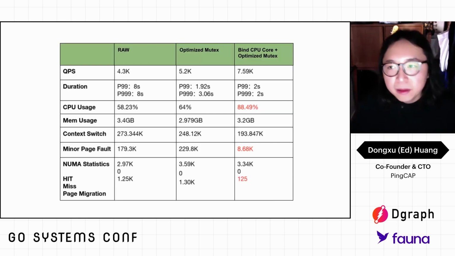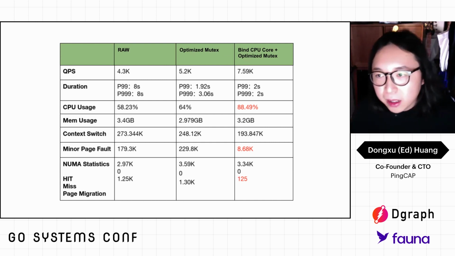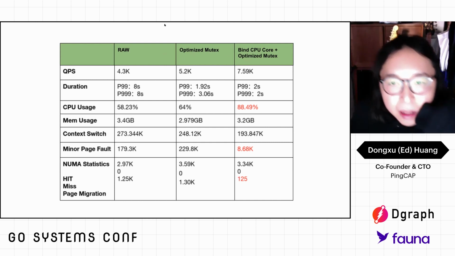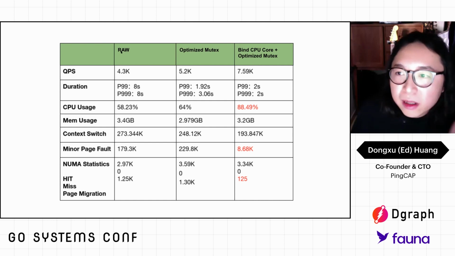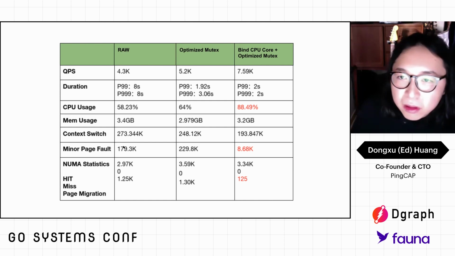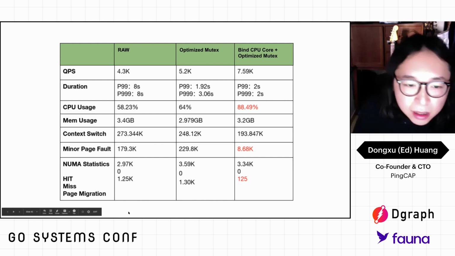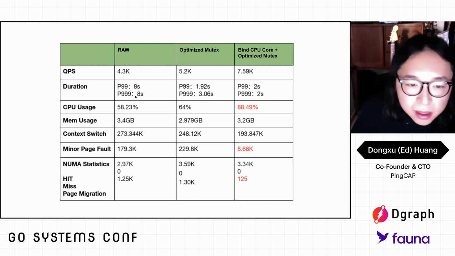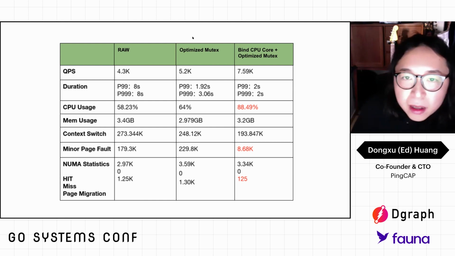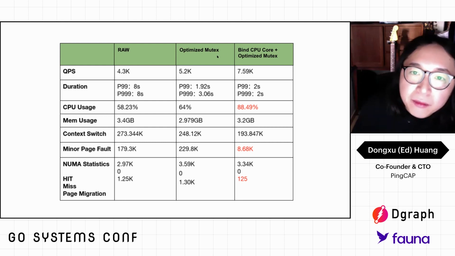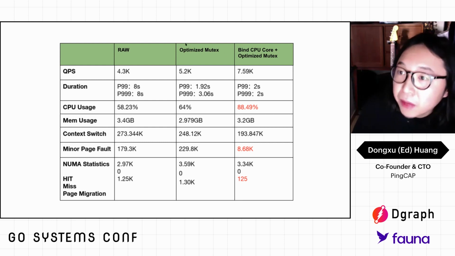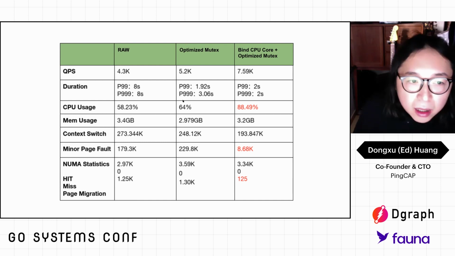So here is the experiment we did. The raw one is the raw program, with no optimizations. As you can see, the performance is not very good and the CPU usage is not very high. Then we have a version that optimizes the mutex usage, and the performance goes up, but not enough.